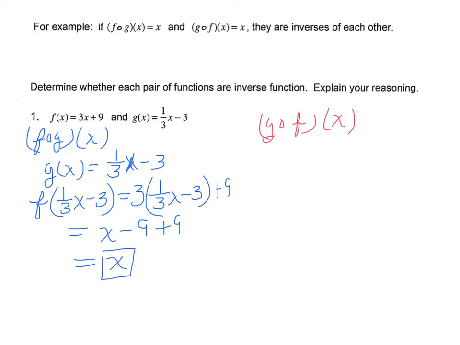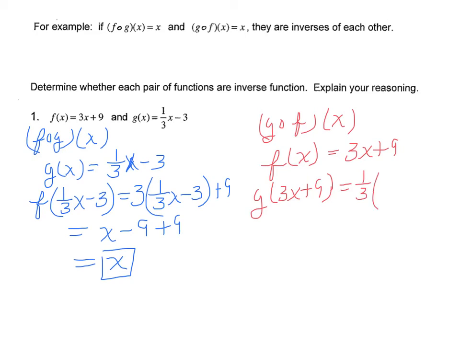Okay, let's find g of f of x. Working right to left, we find f of x to be nothing more than 3x plus 9. So now g of 3x plus 9 is going to be 1/3 of 3x plus 9 minus 3.